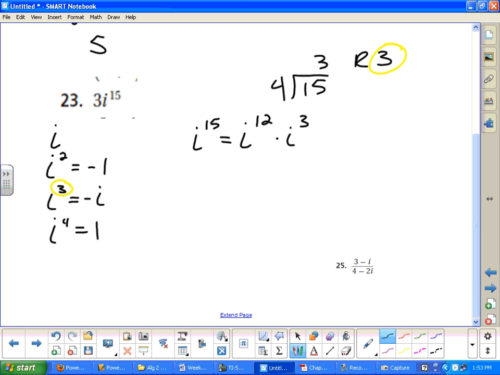Any power that is a multiple of 4 is equal to 1. So this is equal to 1 times -i. i to the 12th is 1, i cubed is negative i. So this part here equals negative i. So I'm going to have 3 times negative i, which is negative 3i.